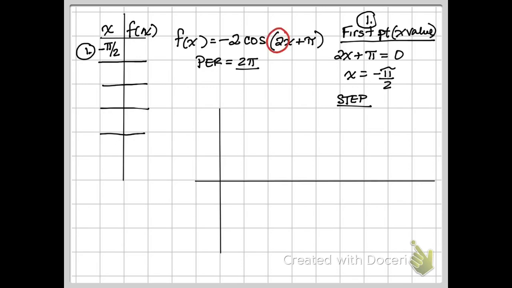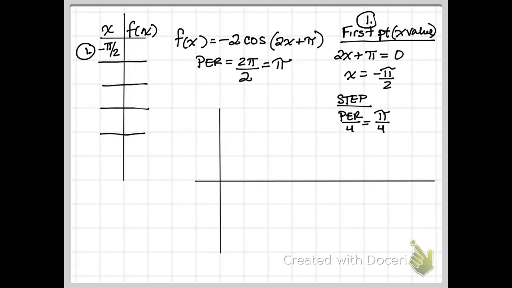So for sine and cosine, it's always 2 pi, and then I put that over whatever the coefficient on the x is. So in this case, it's 2 pi over 2, which is pi. This is the period. Now our step, moving back down to the right here, is the period divided by 4. In this case, that's pi over 4.